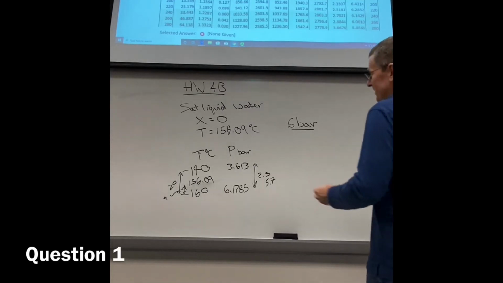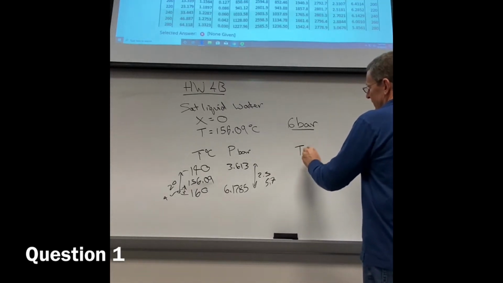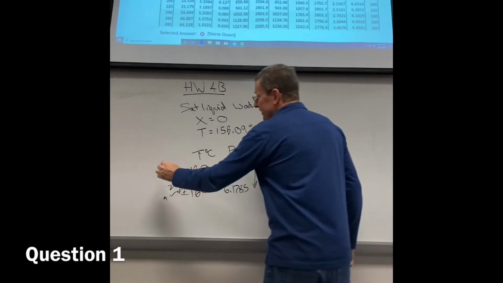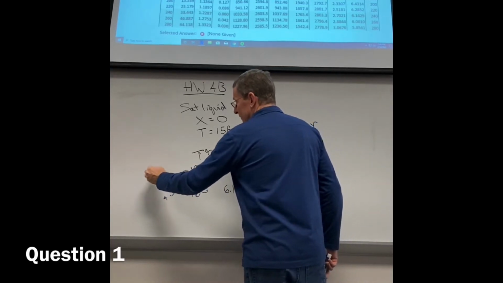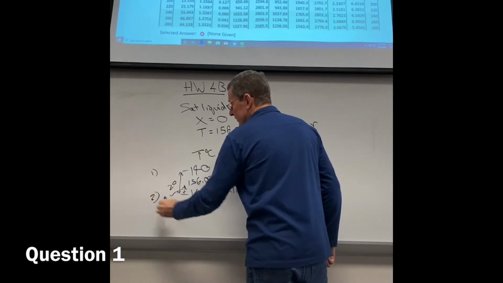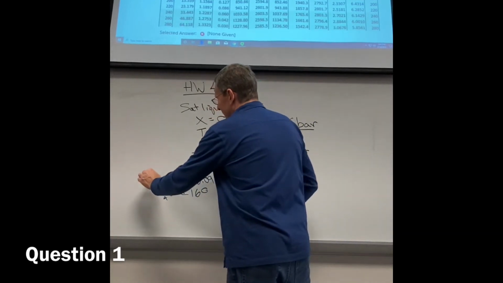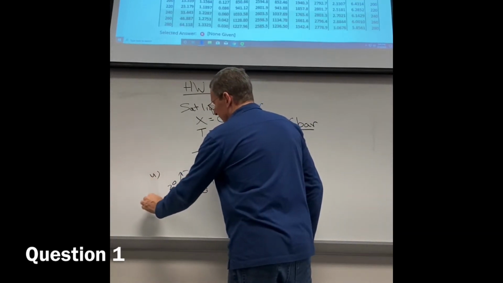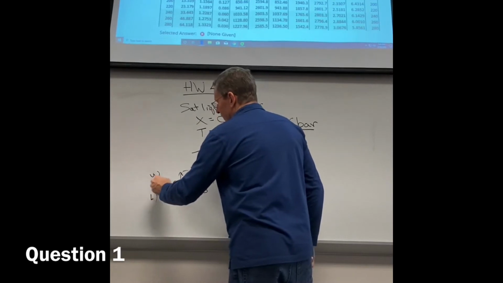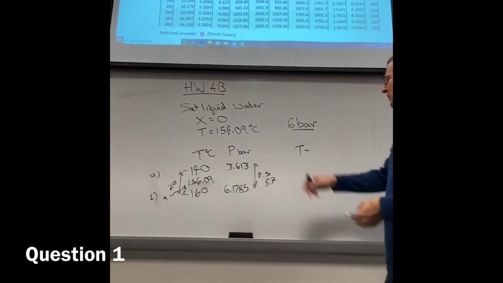So let's do it in terms of an equation. Let's call this position 1 and position 2. Or I think actually in the handout I have for the class, I called this a U and an L for upper and lower in terms of the rows.